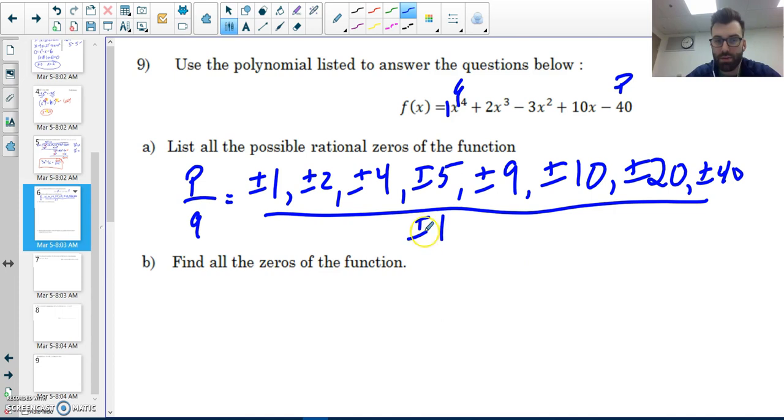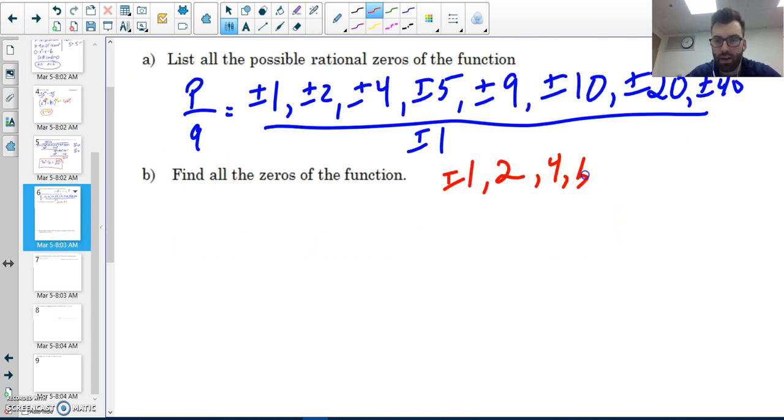So my possible zeros are the numerator. Plus or minus 1, 2, 4, 5, 9, 10, 20, 40.